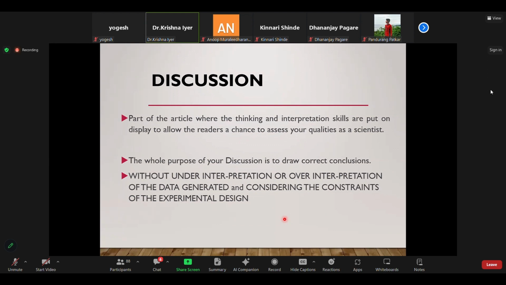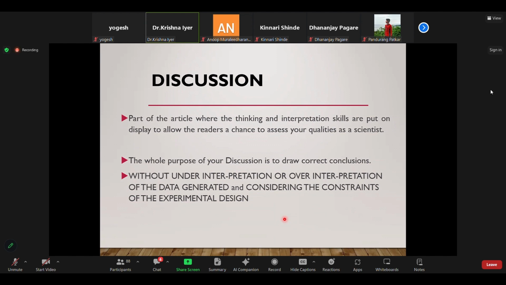And you have to remember that when you're discussing, you shouldn't make two types of error. One is that results are indicating something, but you are not interpreting them correctly, or you are under-interpreting them. That means you are not giving due credit to what the results are telling, and you are being very conservative for whatever reason.